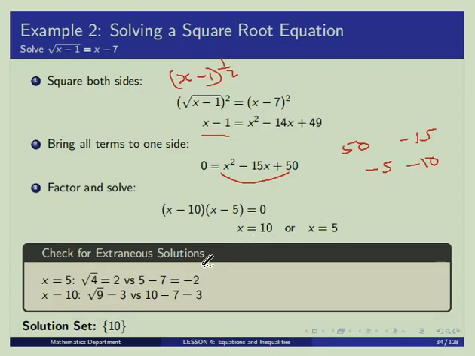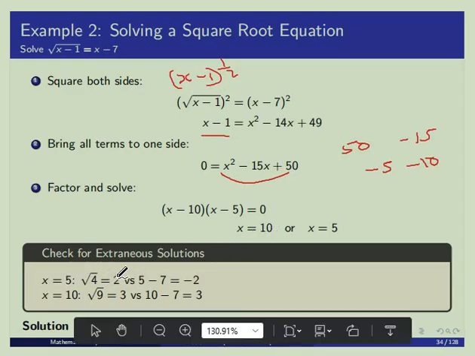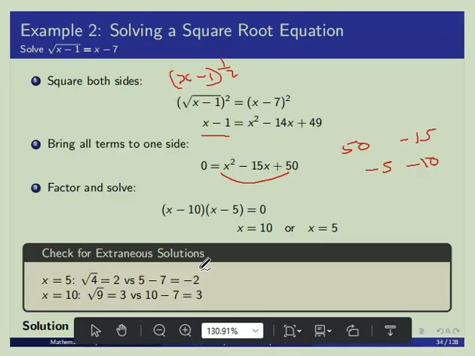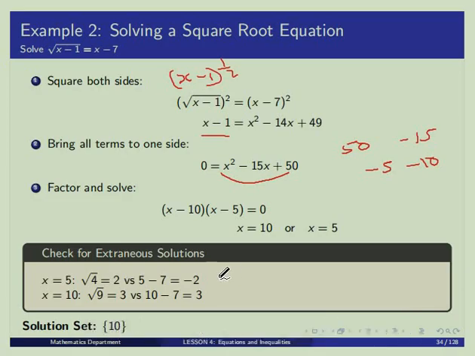Then you check for extraneous solutions. If you substitute 5 there, this is 5 minus 1, which is 4, square root of 4 is 2, and then 5 minus 7 you get minus 2, meaning the left hand side and the right hand side are not equal.